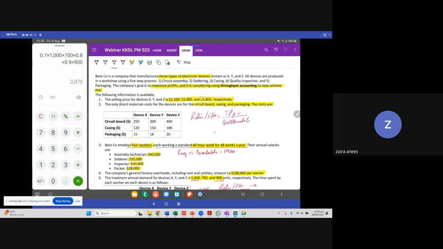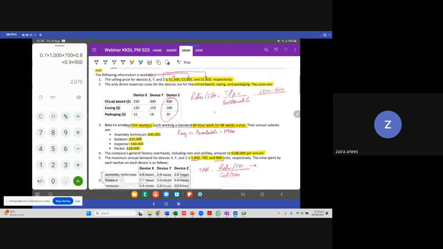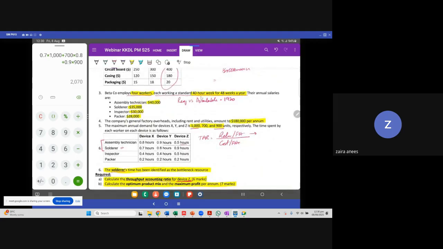Throughput per unit for product Z. This is for X, this is for Y, and this is for Z. So 2,800 is the selling price minus direct material, which is 400 plus 200, is 600. And how many hours of solder time are required for Z? 0.9 hours.